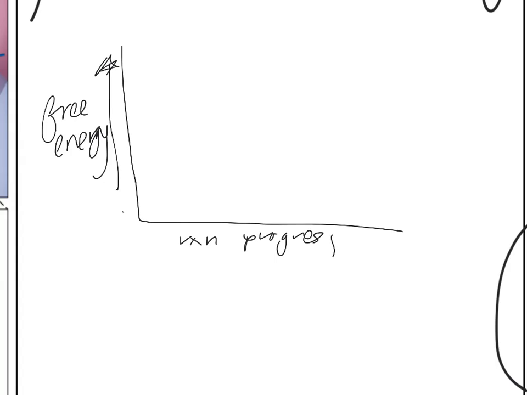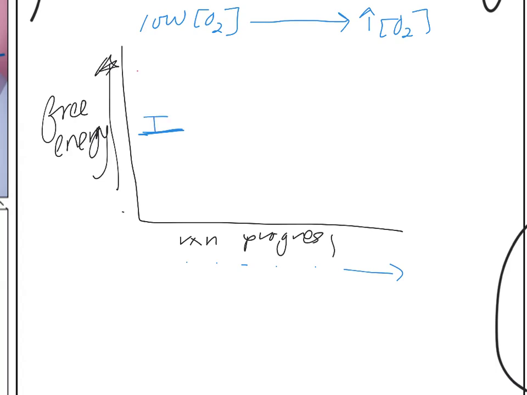Okay, so in the T state, and then the other key piece of this, on the left-hand side, we're going to have low concentration of oxygen, and on the right-hand side, an increasing concentration of O2. So oxygen concentration is increasing as we go along in reaction progress. So at low oxygen concentration, the T state is lower in energy than the R state because of the salt bridges.